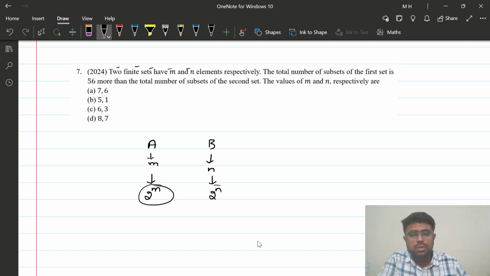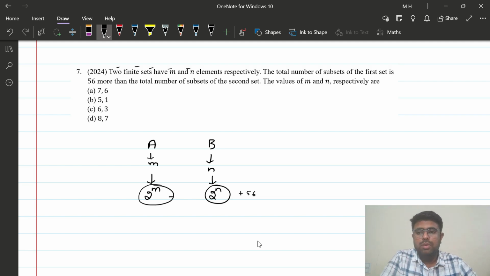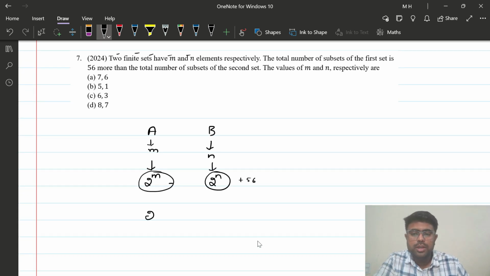So which is lesser here? 2 raised to n is lesser because this is 56 more than this. So if I add 56 to this, then I'm going to get 2 raised to m. I hope what I'm talking is making sense here, right? So 2 raised to m is larger, 2 raised to n is lesser. So 2 raised to m is equal to 2 raised to n plus 56.